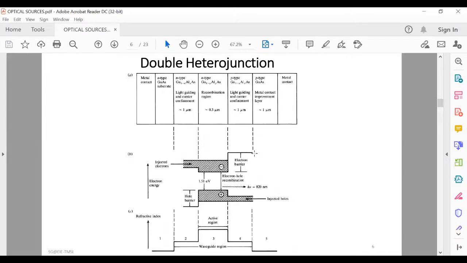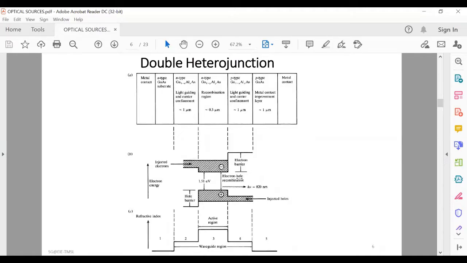The changes in band gap energies create a potential barrier for both holes and electrons. The free charges can recombine only in the narrow, well-defined active layer.